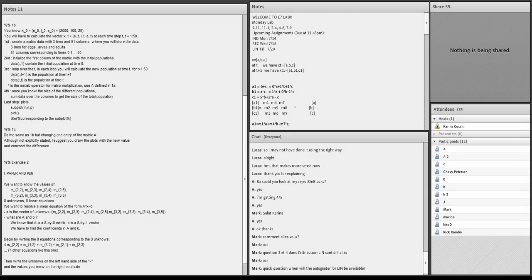And I know m12, so I keep that on the right side of the equal sign. I don't know the third row second column entry, so I switch that to the left of my equal sign. I know the second row first column entry, so I keep that on the right-hand side, and I switch the m second row third column to the left-hand side of my equal sign. All right, so you'll have 8 lines like that, so 7 other equations.